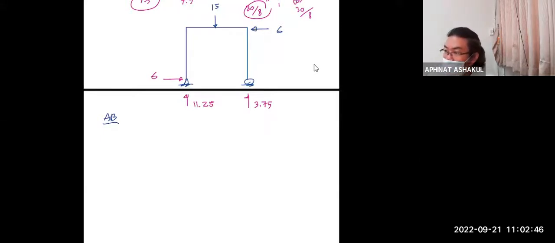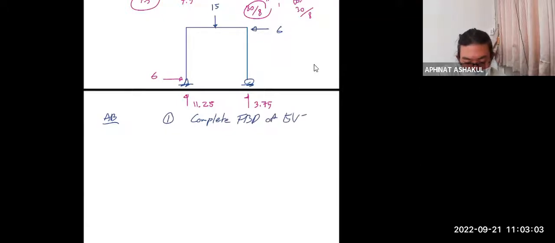To write free body diagram of one member doesn't count as knowing how to take care of free body diagram. So let me say here, complete free body diagram of every member before calculating shear force diagram and bending moment diagram.